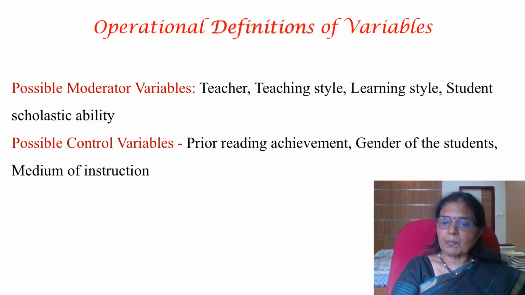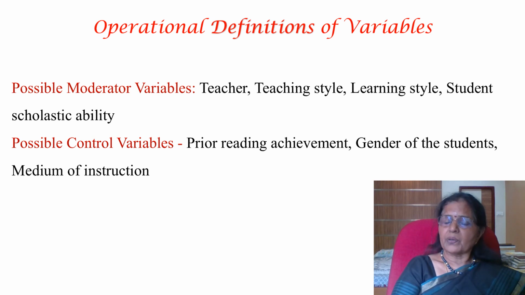either by means of the research design. He can design the research in such a way that these control variables will not have any effect on the dependent variable. In this example, the control variable could be the prior reading achievement and gender of the students. They may have influence on the coaching method.